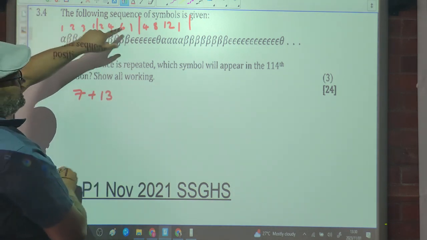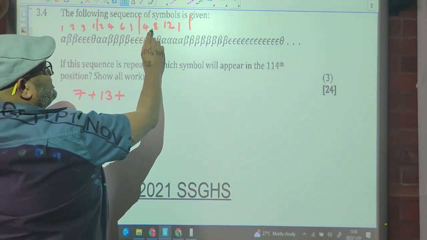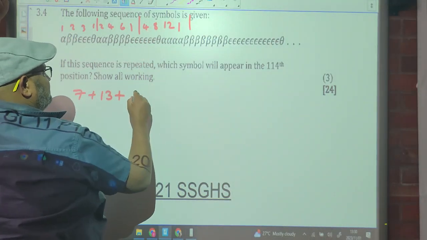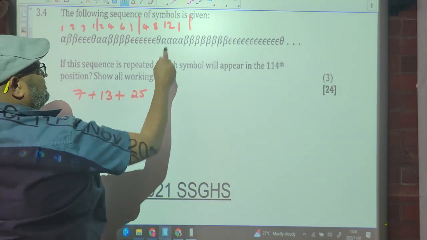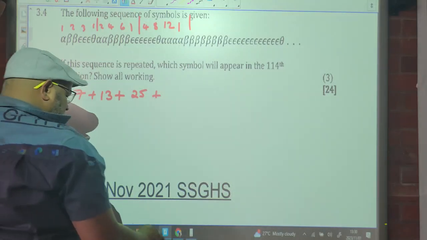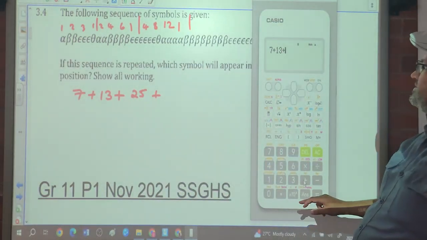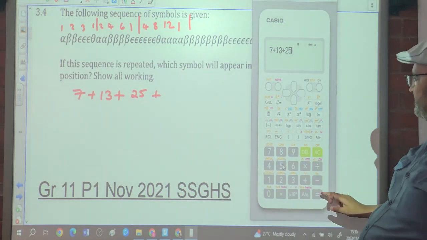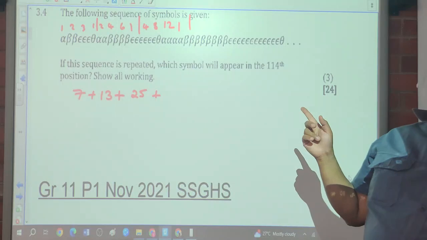That is 13. Here, 8 is 25. Who said 24? It's 25, no? Plus. Now, how much is that so far? 7 plus 13 plus 25. 45. We're looking at 114.